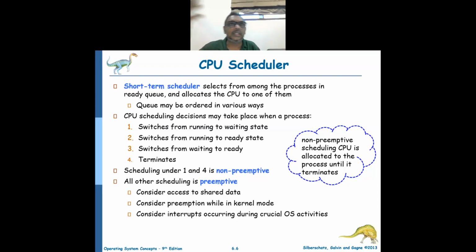After 6 seconds, the process comes out of the CPU, back to ready, back to the memory, and a new process comes in. That's called preemptive. For non-preemptive, let's say the process needs to run for 10 seconds, so it will run for 10 seconds. Even if there is a new process waiting inside the memory, it will have to wait until the old process completes its entire run. That is what we say is non-preemptive.